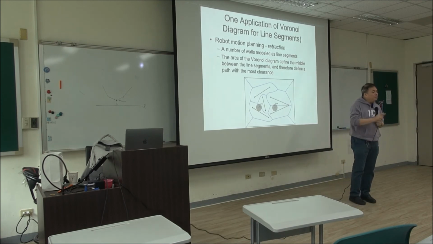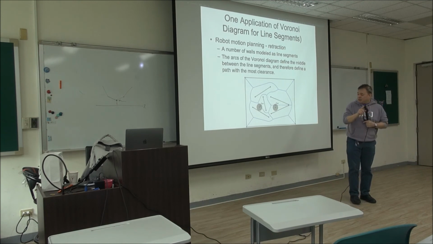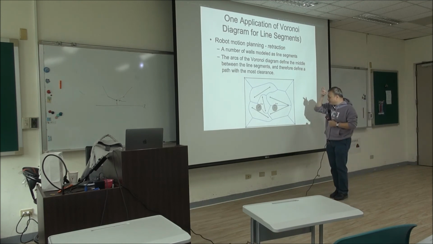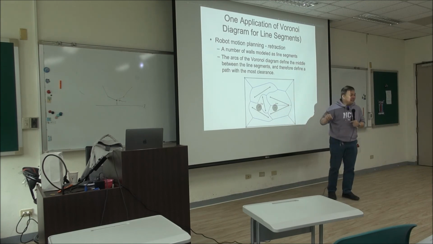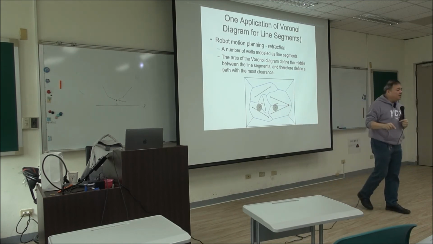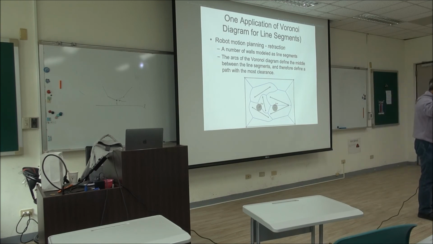If there are certain edges whose closest distance to the side is less than r, less than the radius, then we cut it.